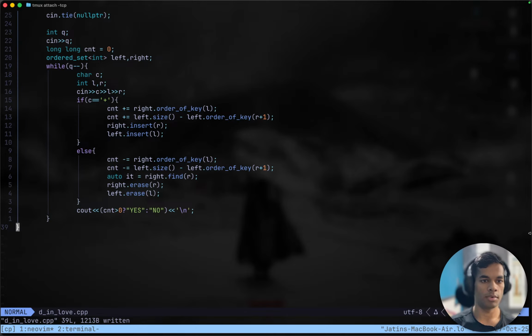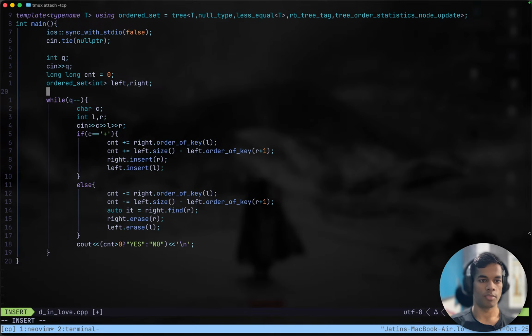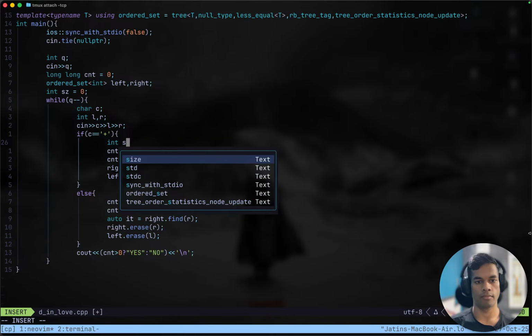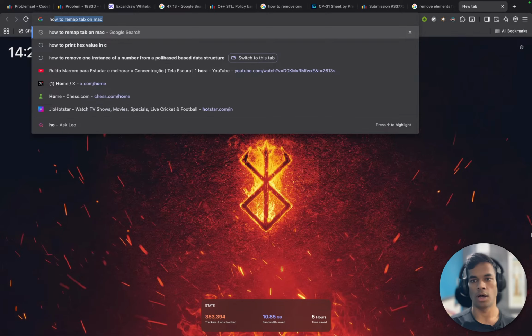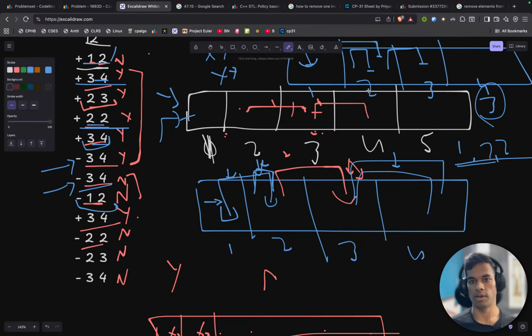I think we can keep an external variable for size, but you shouldn't have to do this, and this should still be working. How to remove elements from a policy-based data structure.